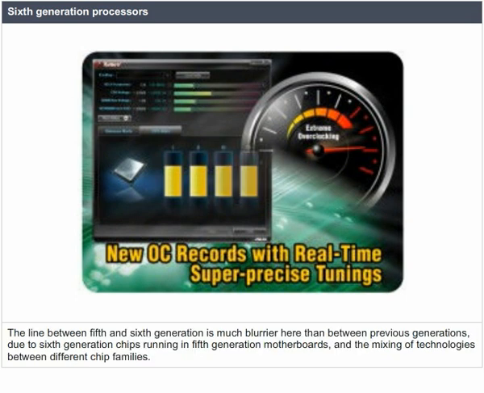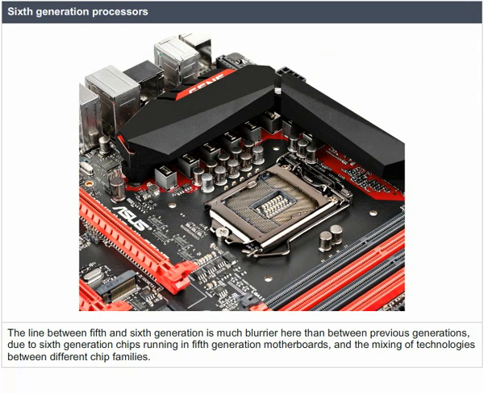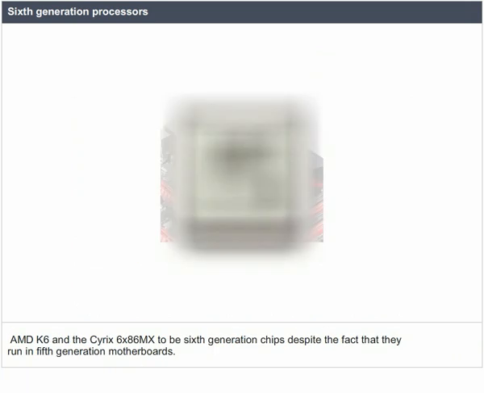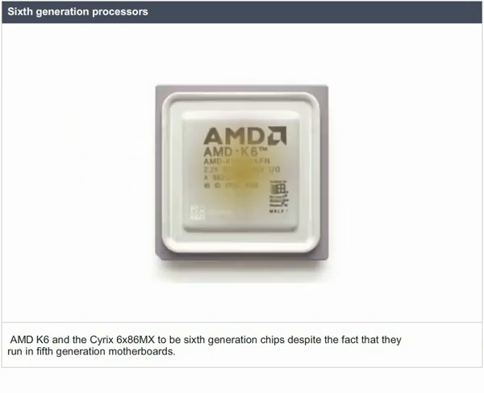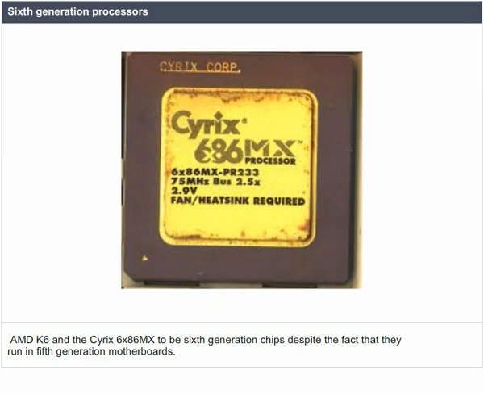The line between fifth and sixth generation is much blurrier here than between previous generations due to sixth-generation chips running in fifth-generation motherboards and the mixing of technologies between different chip families. AMD K6 and Cyrix 6x86MX are considered to be the sixth-generation chips, despite the fact that they run in fifth-generation motherboards.